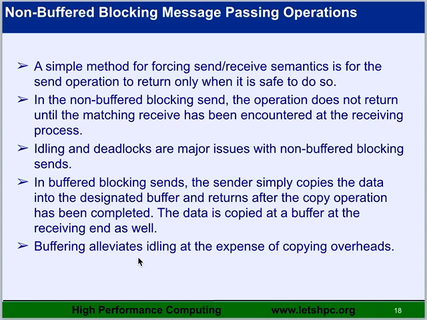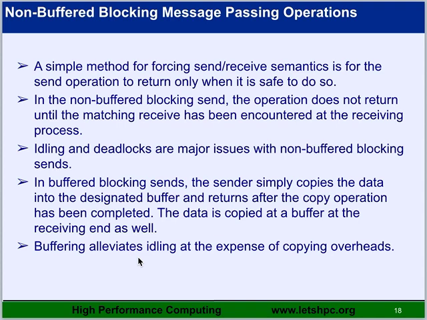Most message passing platforms have additional hardware support for sending and receiving messages. They may support direct memory access, also called DMA, and asynchronous message transfer using network interface hardware.